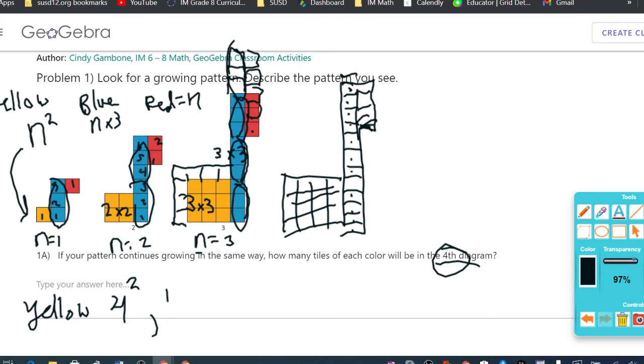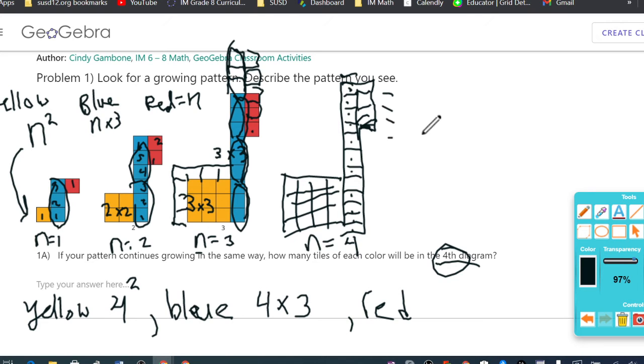And for the blue, it's going to be 3 times 4 because they are in sets of 3. So 4 times 3 equals 12. And then for the red, that's just going to be equal to whatever our n is. In our fourth case, red will have 1, 2, 3, 4 squares. So red is just 4.